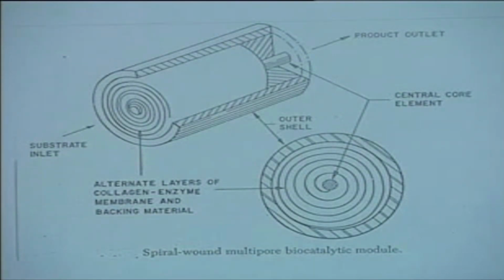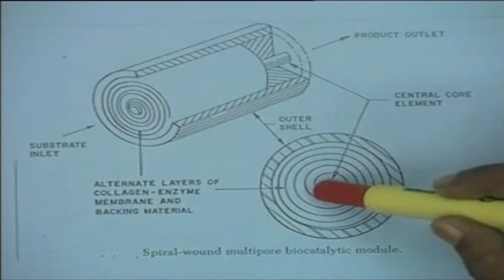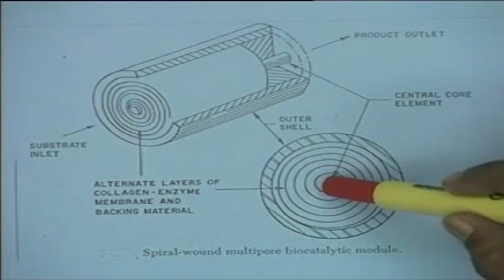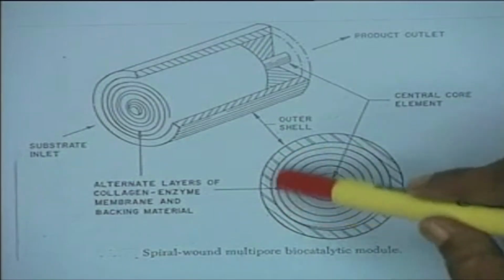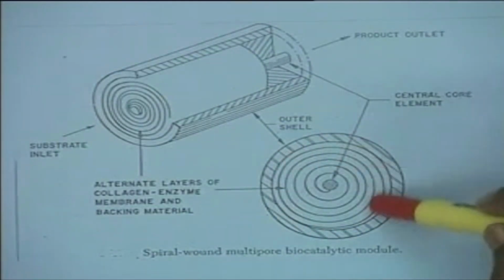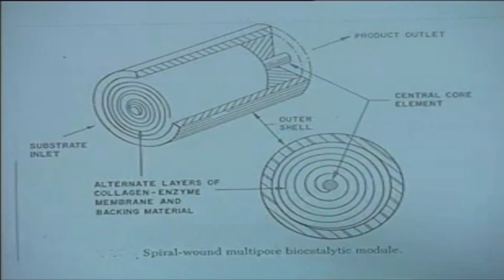Now what is essentially done is that this thin film containing the enzyme is bound spirally onto a central core. You take a central core and the enzyme sheet is wrapped spirally around it, and in between, to provide strength, there is a matrix, or a kind of porous sheet, which keeps the two enzyme sheets separated.